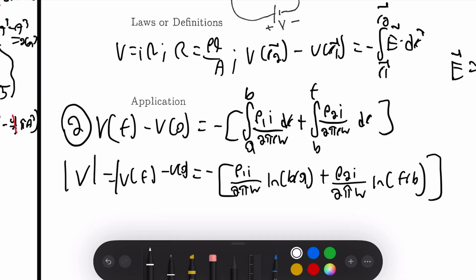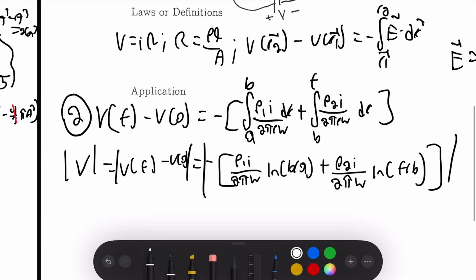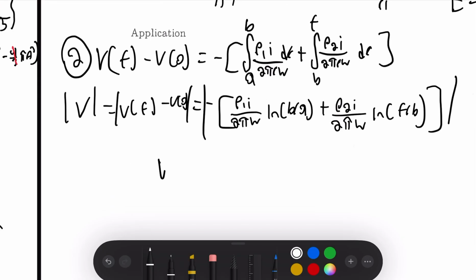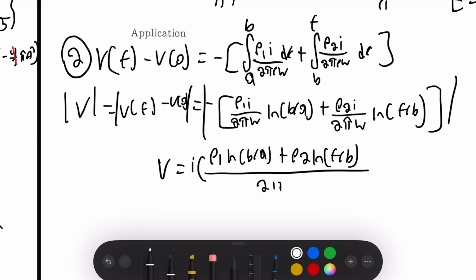So take the absolute value, so my negative goes away. So now I can say that V is equal to, I'm going to pull out the I. It's rho 1 ln of B over A. And they have the same denominator, so I'm going to add them together. So rho 2 ln of F over B, over 2 pi W.